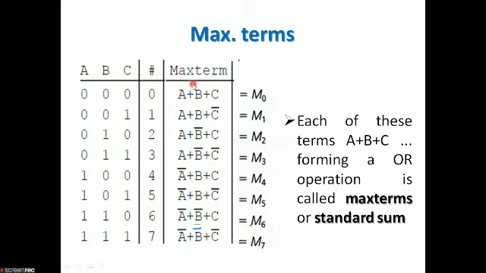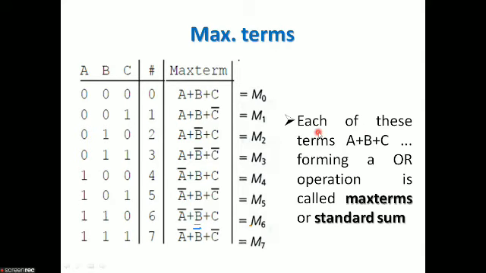The max terms start from M0 to M7. And remember one thing, that the max terms, unlike the min terms, are always represented in capital letter M. In the case of the min terms, it was represented in small m. But in max terms, it is represented in capital M, that is capital M with a subscript of the number that is being represented.